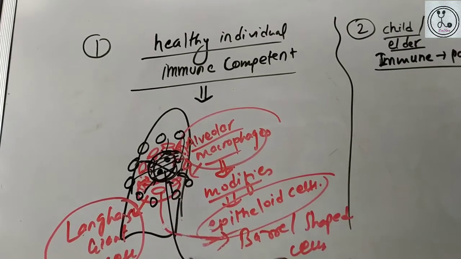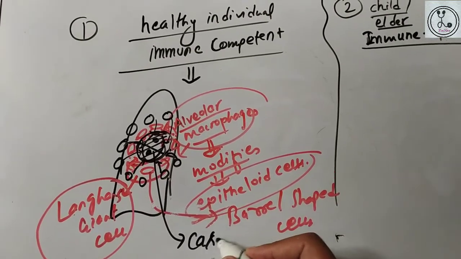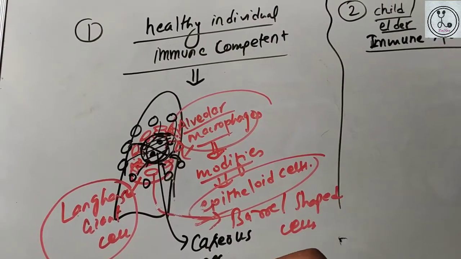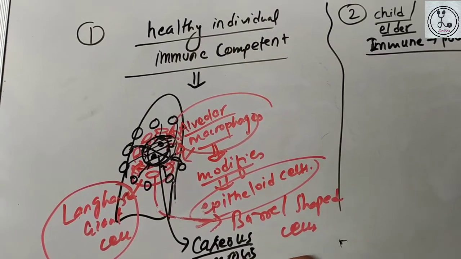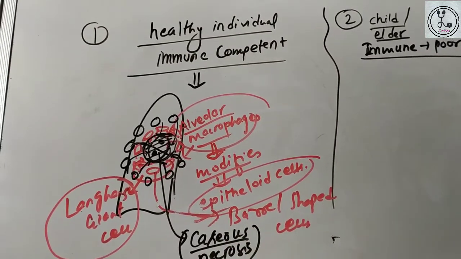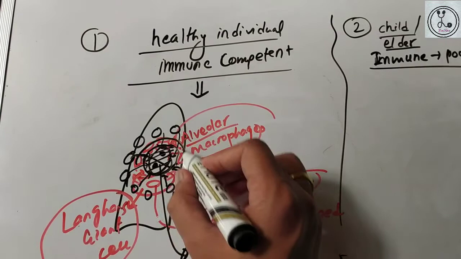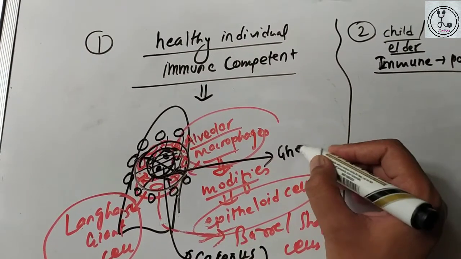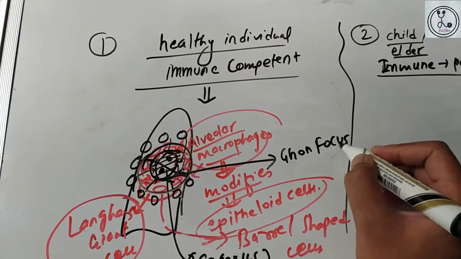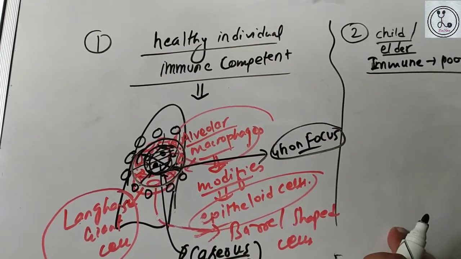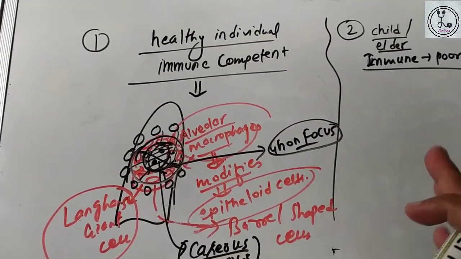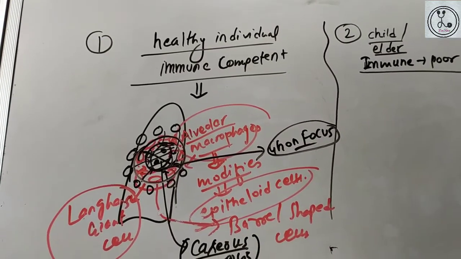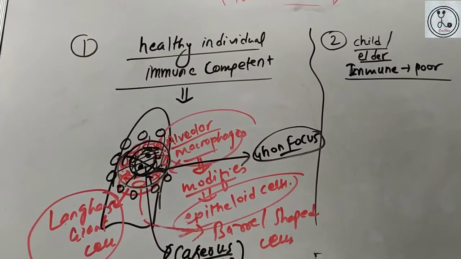So ultimately there will be caseous necrosis, and ultimately a cavity will be formed, and this cavity is known as the ghon focus. So in this way, a ghon focus was formed in the healthy individual.